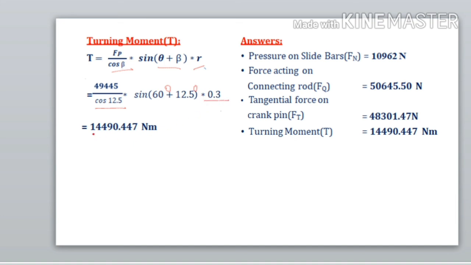So finally we will get the value 14,490.447 Newton meter. So the final answer is: pressure on the slide bar is this, force acting on the connecting rod is this, the tangential force on the crank pin is this, turning moment value is this.